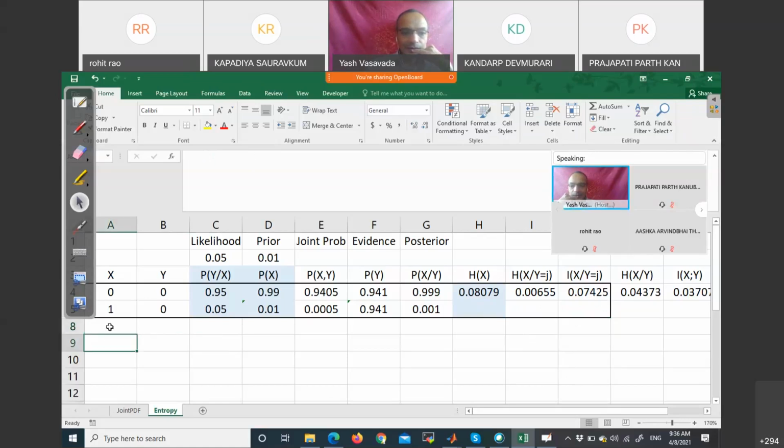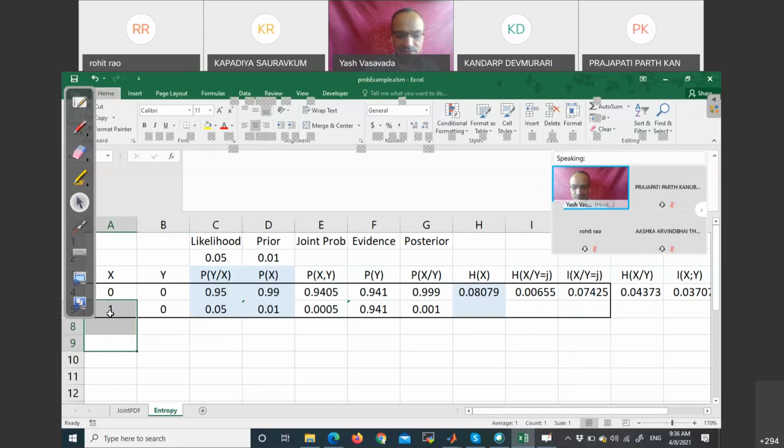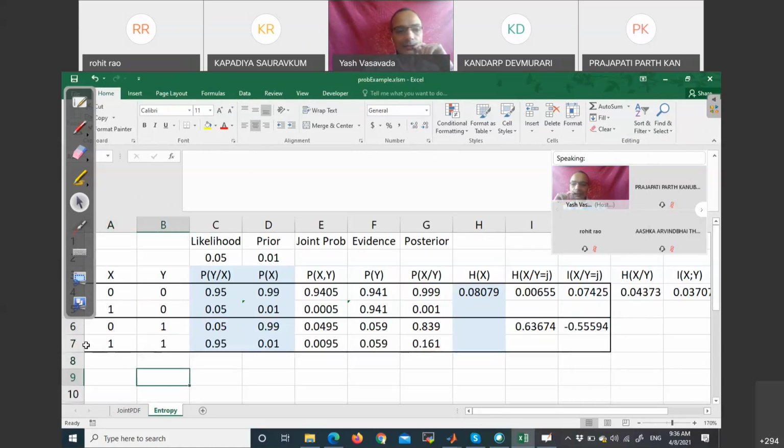Now let us look at the other case, when somebody gets tested positive. The test outcome is positive. The cause can still be 0 or 1. So we go through the same math as before and we find out that the posterior has become this.